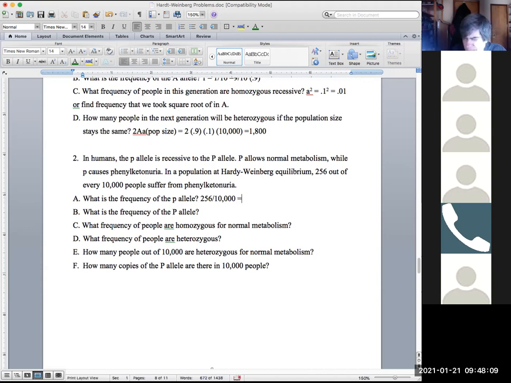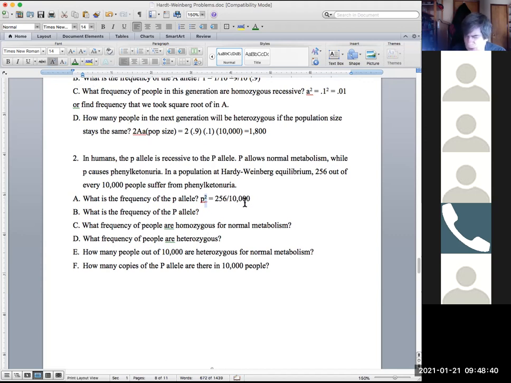So if we take the square root of this, we can leave it as a fraction, or we can convert it to a decimal. Oops. So keep in mind, this is the phenotype. So right now what we're talking about is p squared, little p squared.